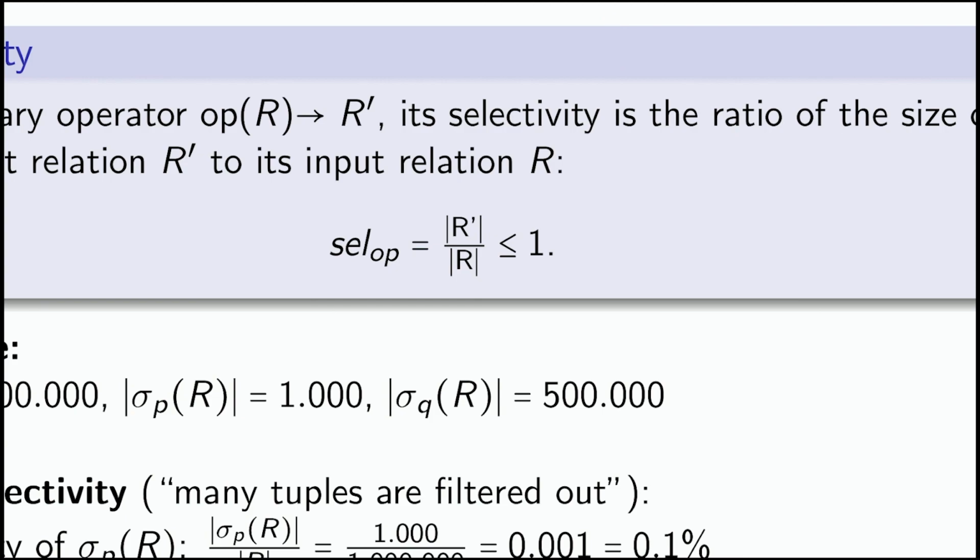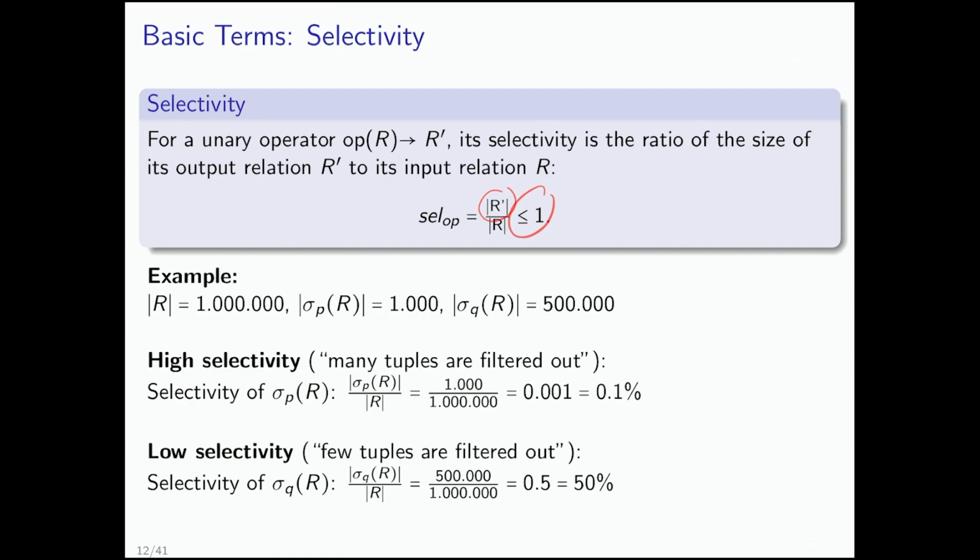So that is the input relation, the number of tuples contained in that, no, sorry, that's the output relation, of course. You have the number of tuples contained in the output relation, and here we have the number of tuples contained in the input relation. Well, this can only be smaller, so this is smaller equal 1, for the operators we learned about.